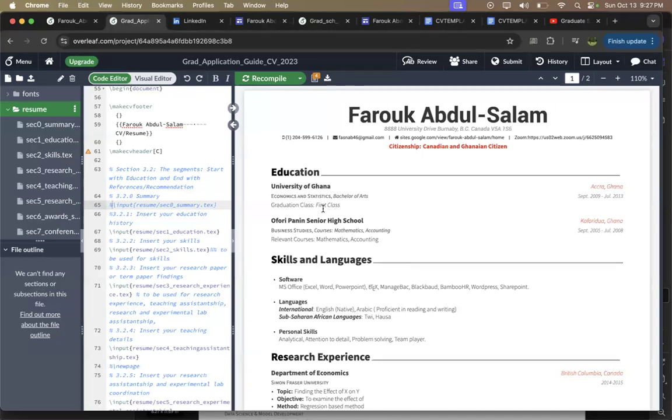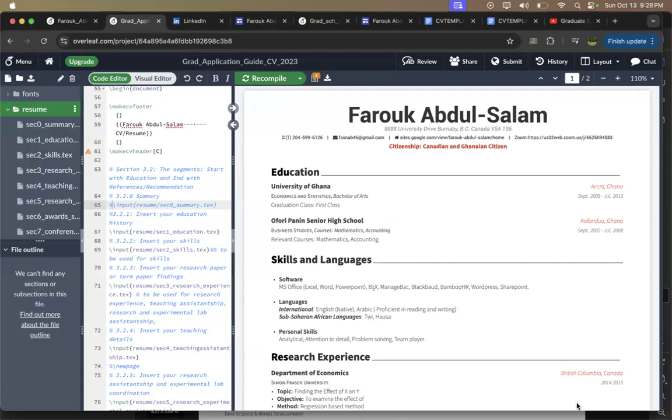Yeah, I think you are right. If you have a strong GPA, because the whole idea is that you are selling yourself to the admission committee, whatever would make you stand out, you should put it on your CV, as far as it is relevant to their decision making.